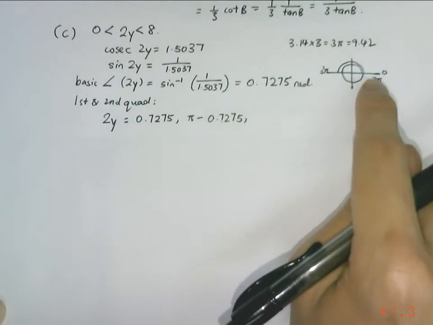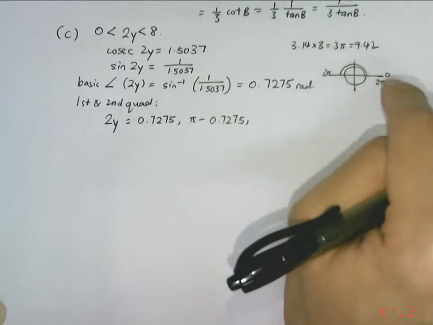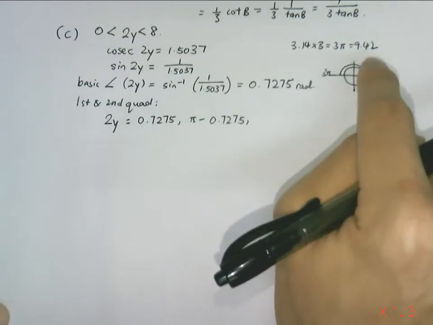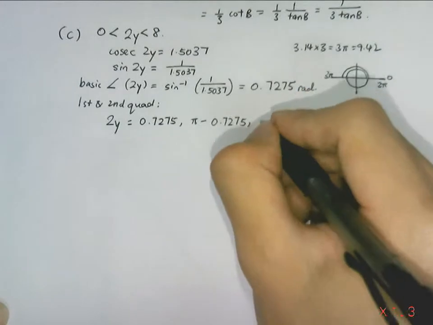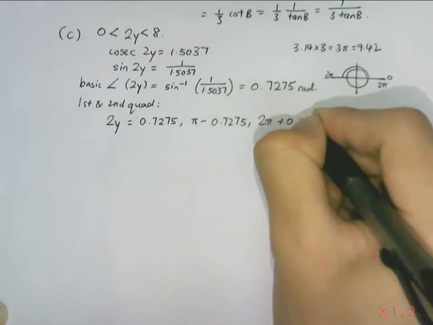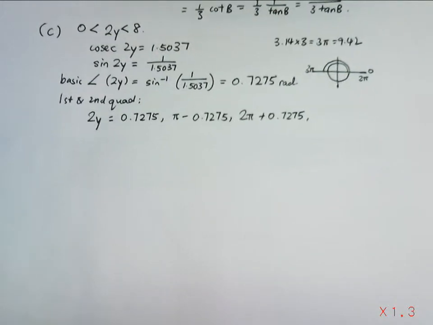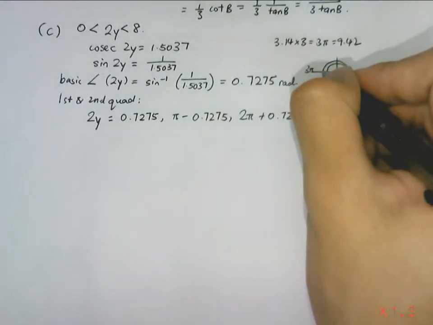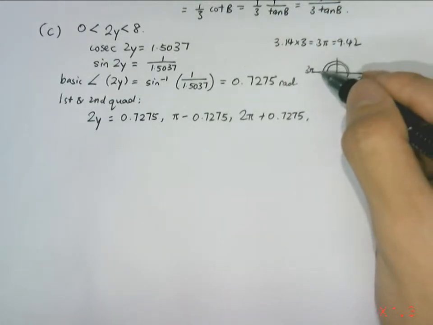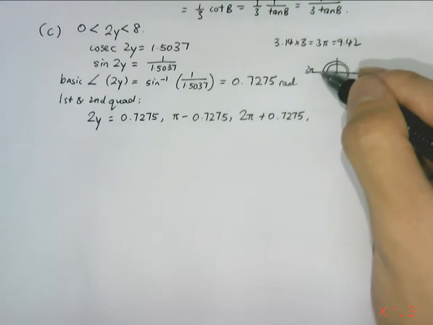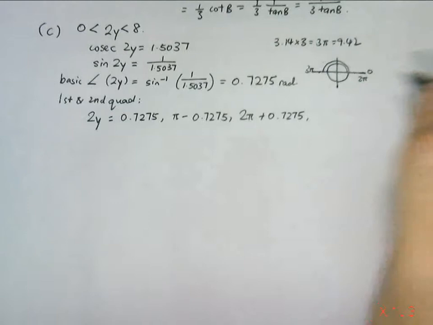So the next time we see it will be in the first quadrant again, after 1 round, so it's 2 pi plus the acute angle. And then finally we have 3 pi to get the second quadrant. For the second quadrant answer, 2 pi and another half round gives us a pi, so 3 pi minus the acute angle.